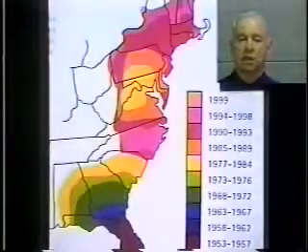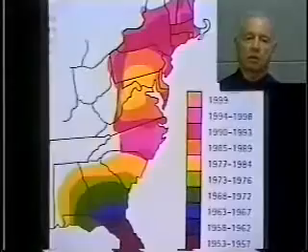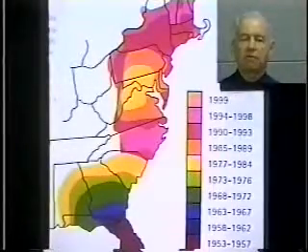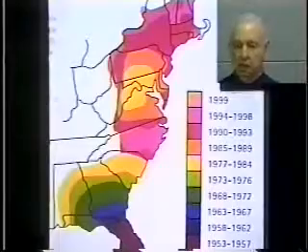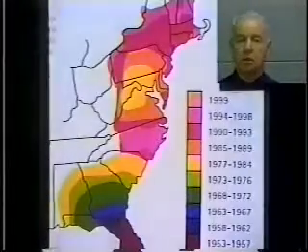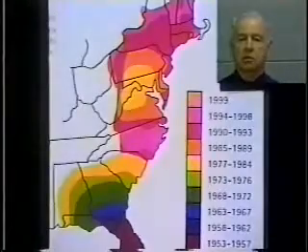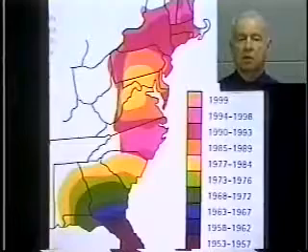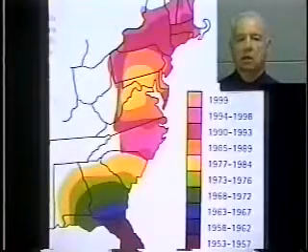Raccoon rabies has spread northward in the United States, originating, we believe, in Florida, and the translocation of raccoons from Florida into hunting clubs in other states in the eastern part of the United States, and then the spread of the raccoon rabies northward.